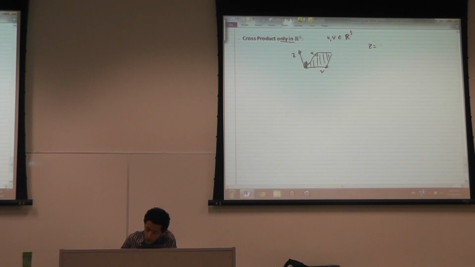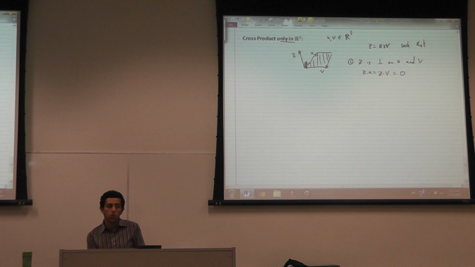z is equal to u cross v, such that this new vector z is perpendicular to u and v, which means z dot u is equal to z dot v is equal to 0.